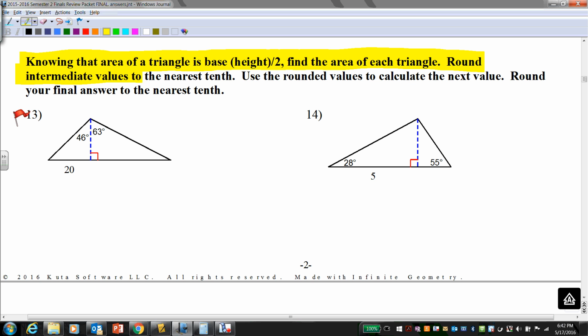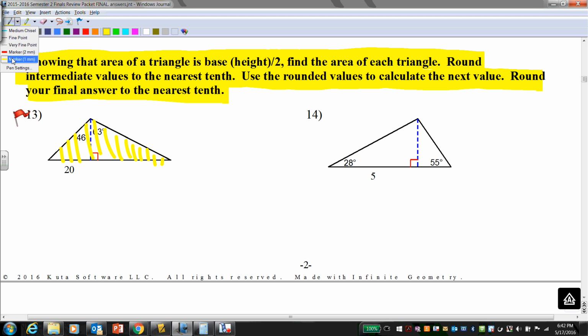Round the intermediate values to the nearest tenth. Use rounded values to calculate the next value. Round your final answer to the nearest tenth. So what we ultimately want here is the area of this entire triangle, which will be right there. That is the area of the triangle.